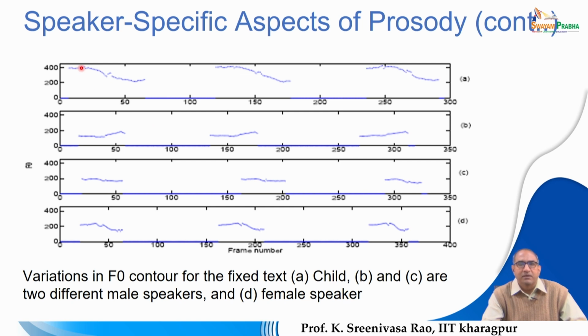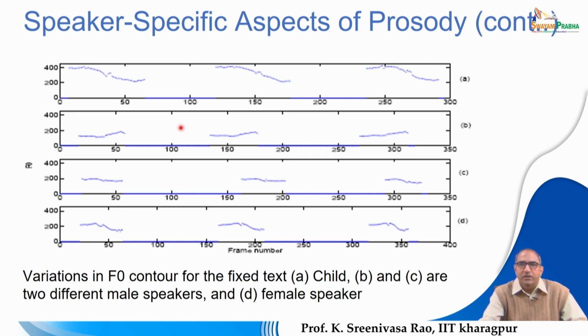For the child the intonation pattern is lowering, whereas for this particular male speaker it is flat to some extent and afterwards rising. For this other male speaker it is almost flat, and for this female speaker it is flat at the beginning and afterwards lowering.